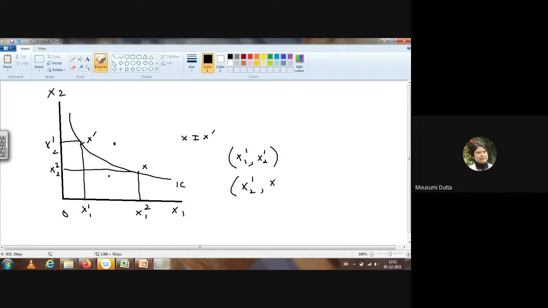Here I should write. This subscript is for the commodity, whereas the superscript is indicating the amounts of x1 and x2. So these 2 points are giving equal satisfaction to the individual. So this is the idea.